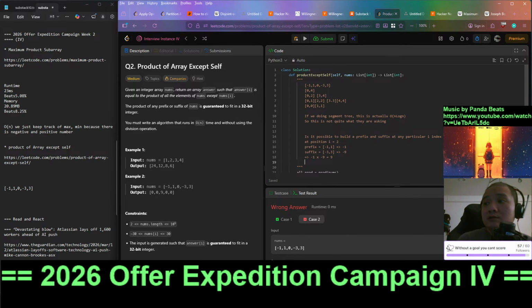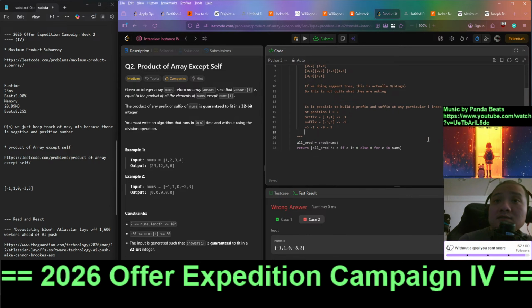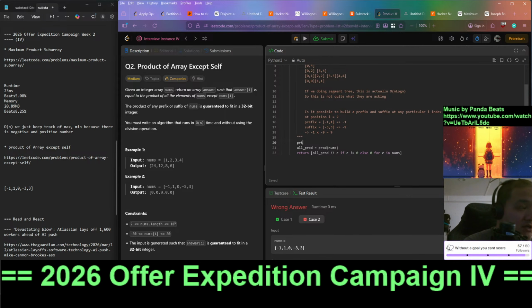Okay, so let's do that. So basically we have prefix, this, suffix, that, right?